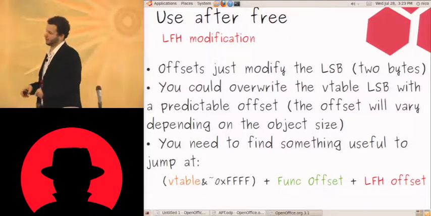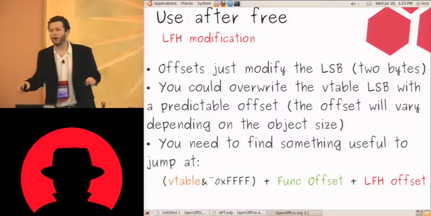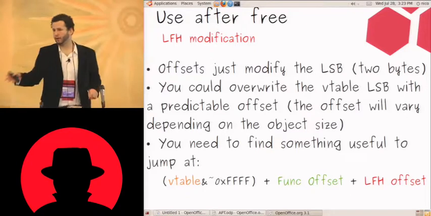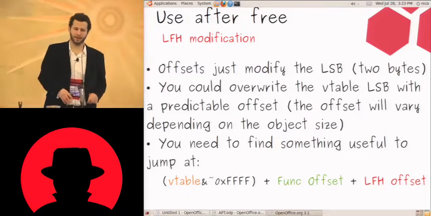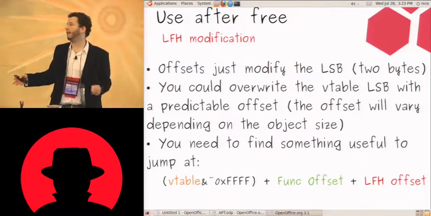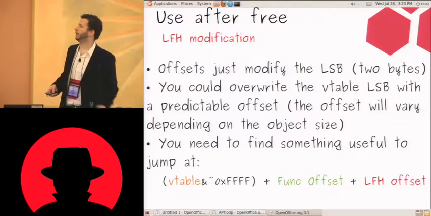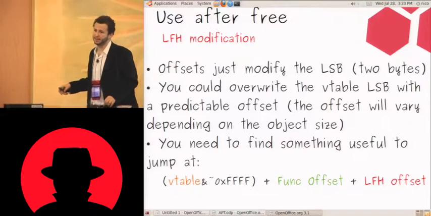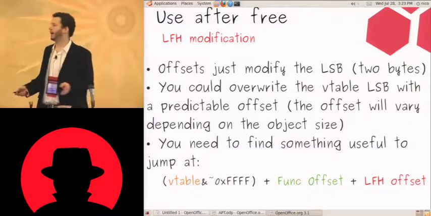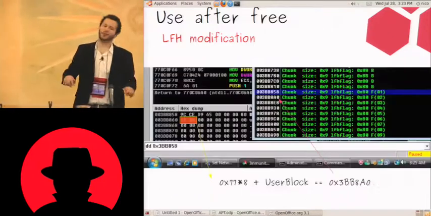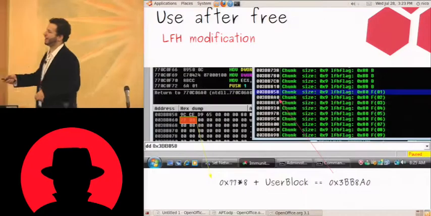So you could potentially find a way to call a function or call your heap spray by doing this trick, which is in a way what they were doing on the spray after free bugs, but in a controlled way, because you can kind of predict what this offset to the next one is.